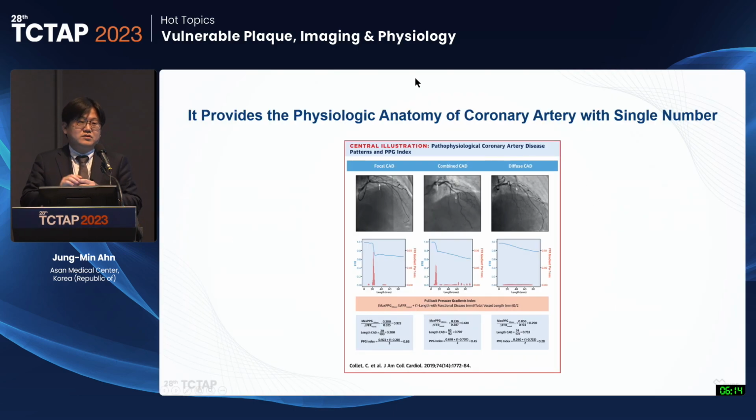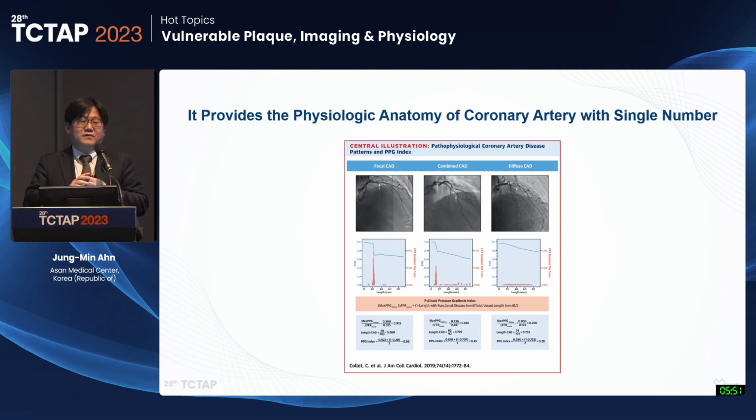In addition, using the pressure wire pullback, you can see the physiologic anatomy of a coronary artery stenosis with a single number. For example, FFR 0.80 is FFR 0.80. And with pressure pullback, you can see diffuse, focal, or mixed stenosis. I think this is very simple.